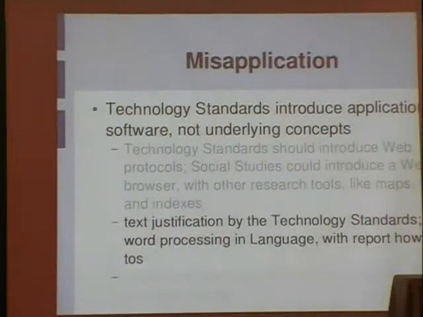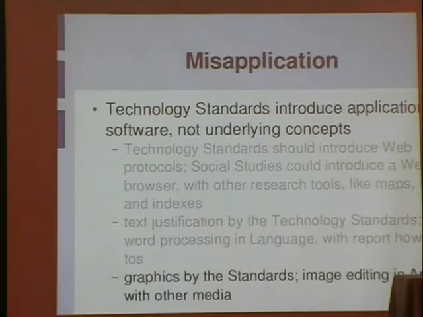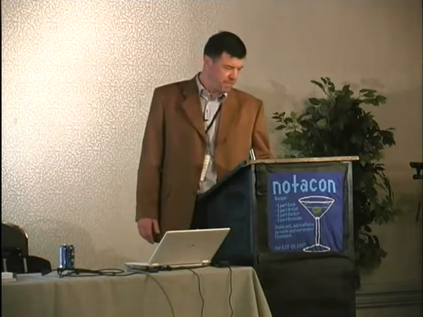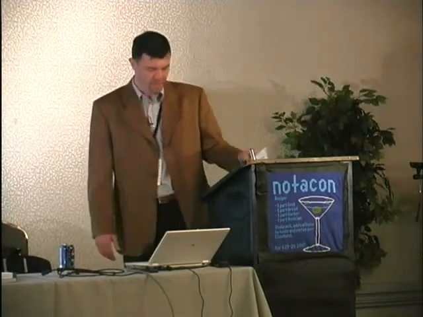Text justification should be covered by the technology standards, whereas word processing, which is what it currently says in the technology standards, I think should be covered in English class. Graphics standards talk about using a mouse to paint a picture. I think this could be done in an art class. The social mandates kind of bothered me, mostly because of the presumptions that they made.